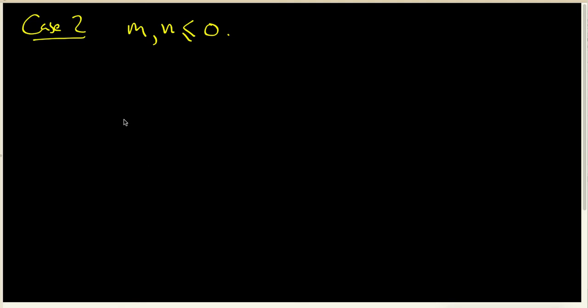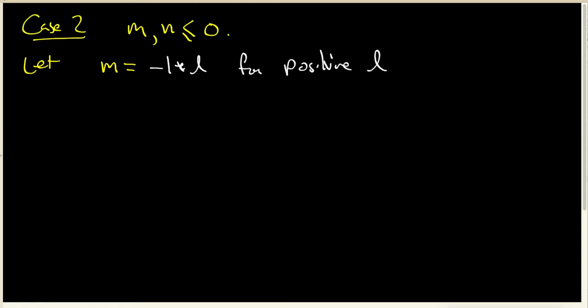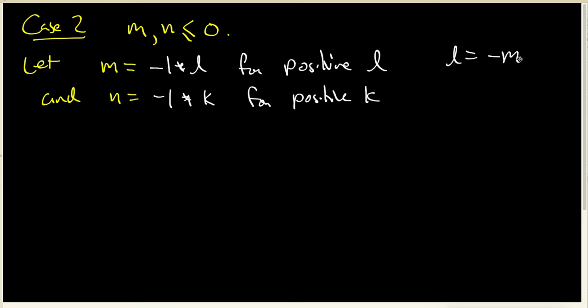Now, to make it clear what's going on, I am going to let m be equal to -1 times L for a positive integer L, and I am going to let n be equal to -1 times K for a positive integer named K. In other words, L is equal to minus m and K is equal to minus n, and it just helps me by knowing that I've got positive integers without having to think in terms of, oh, there's a minus sign, but that minus sign is really positive.